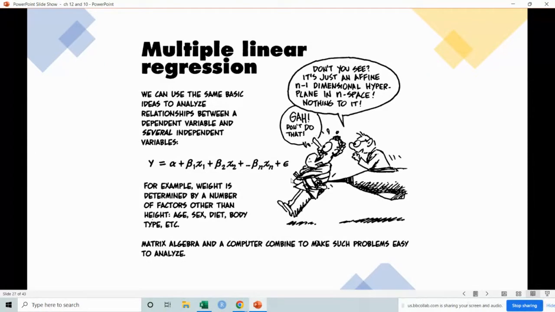And from an r-squared standpoint, our r-squared would go up, not only because we're adding variables, but because we'd be explaining more of that variation. There's just more to learn about the variable y than just using one variable such as height.